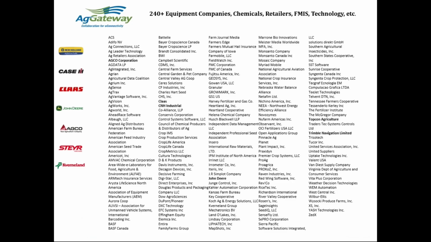AgGateway is an organization that was started in North America, but is now a global organization with the idea that different regional versions of AgGateway, including AgGateway Europe, would be formed to solve the problems that they have. But there are so many global similarities that they'll be able to share learnings along the way.